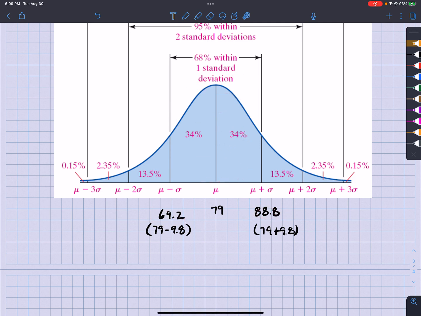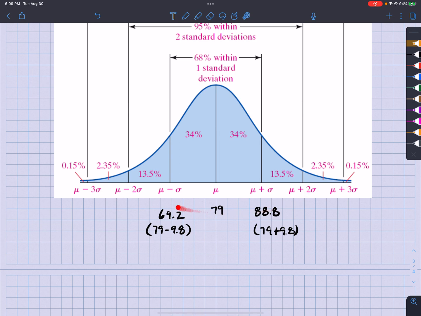So think of this as area under the curve. And since this is 68 and this is symmetrical, these two halves would be exactly the same. It's not skewed left or skewed right. It is symmetrical. So that's why this is 34 and this is 34.